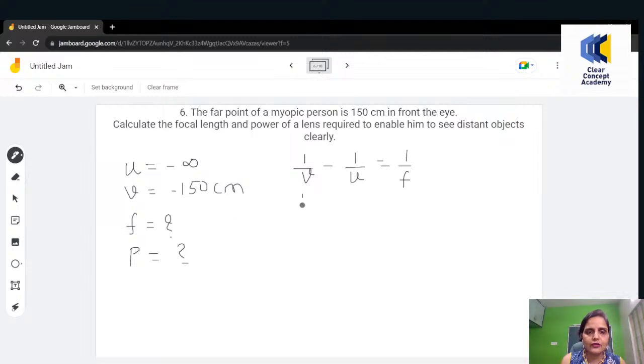Substitute the values. 1 by v is 1 upon minus 150, minus 1 by u, with u minus infinity, is equal to 1 by f. As I mentioned earlier, 1 by infinity or minus infinity is always 0. So the expression becomes minus 1 by 150 is equal to 1 by f. Taking the reciprocal on both sides, we get f is equal to minus 150 centimeter.